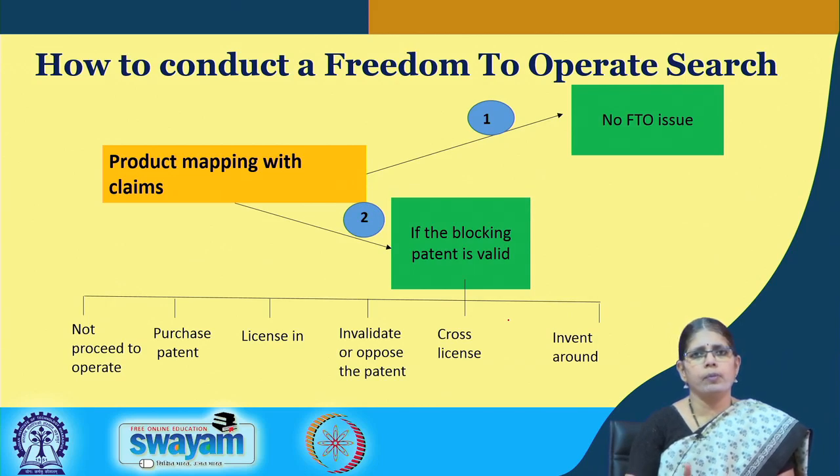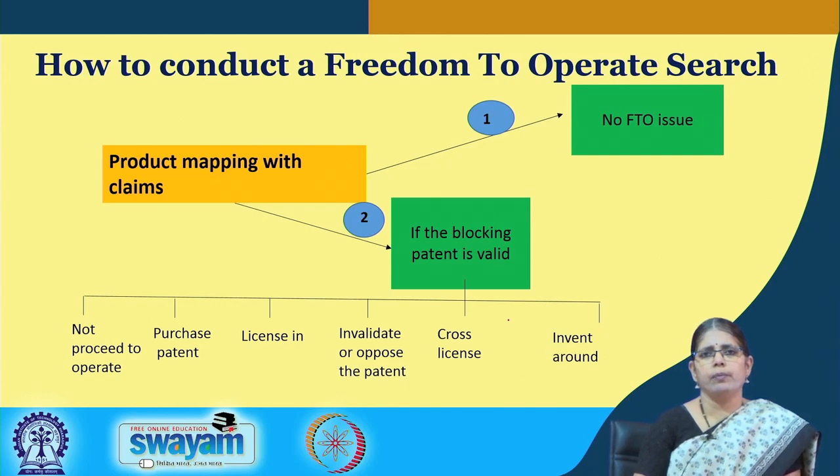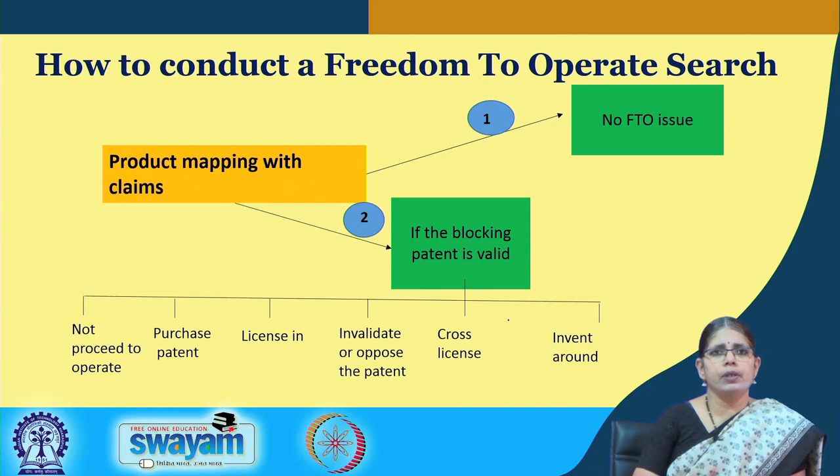Another option that is available is you can plan to invalidate the patent. So, therefore, invalidation or opposition of a patent is the other scenario which could be planned. Another option that is available is to cross license the IP.